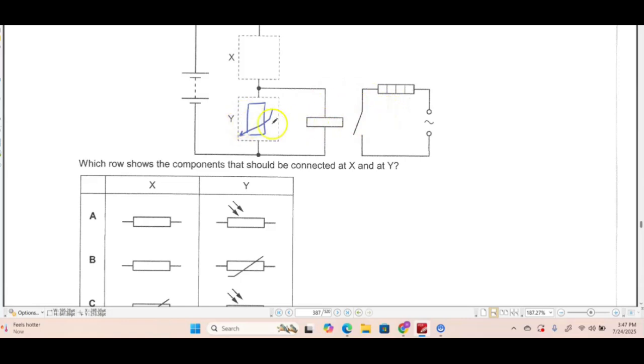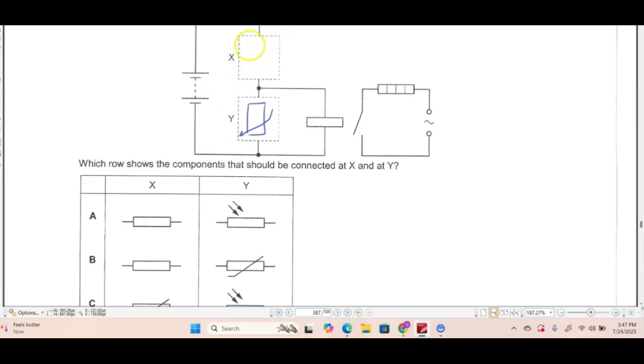Okay, so here the thermistor, when the temperature decreases, its resistance will increase, that is going to in turn make everything happen. This relay will close the magnetic switch and the heater will turn on. We don't want to go into that much detail.